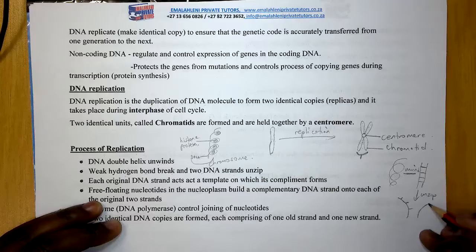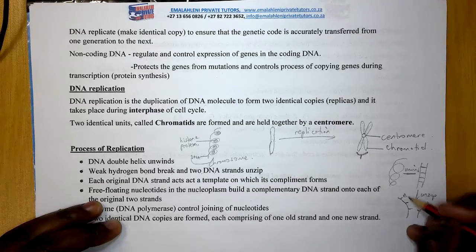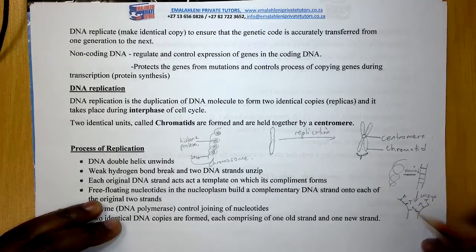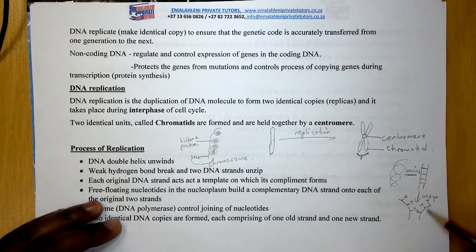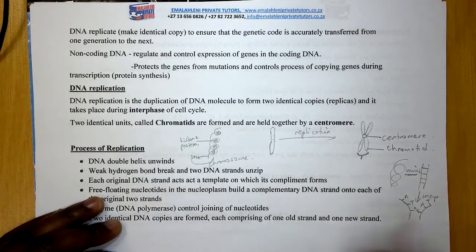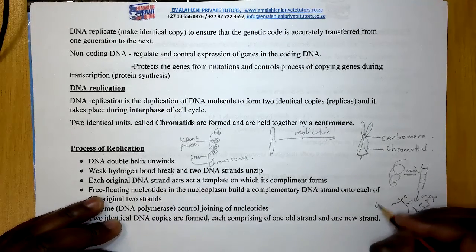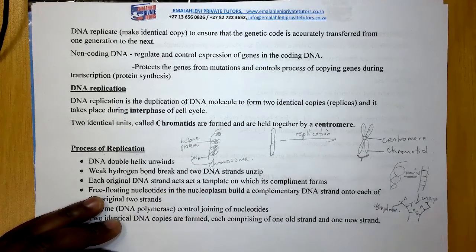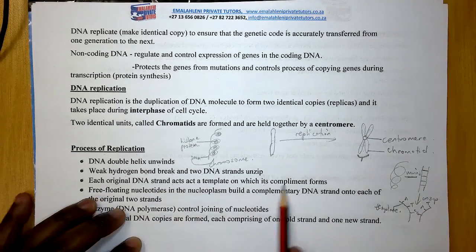I'm just going to give you an example, let's say A, T, C. Then this one is going to be the complementary: T, A, and G. That's what we have here. So when it's open, that is unzipping. Now, when it's unzipping like this, each original DNA strand acts as a template. Each one of them will act as a template, on which the complementary strand forms.